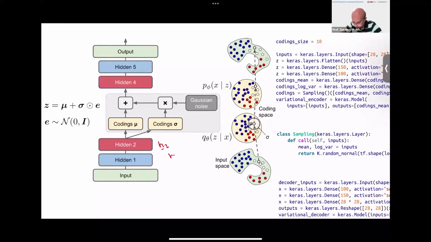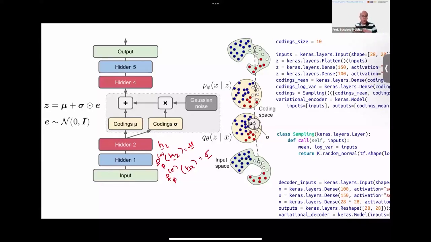How could we do that? H2 can be sent through some nonlinear function, a multi-layer perceptron, let's call it f, say f of mu with parameters phi. This is going to give me a mu vector, and then f of sigma of H2 with parameters phi is going to give me a sigma vector.